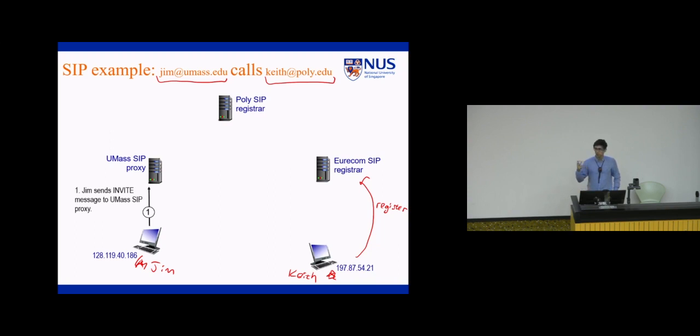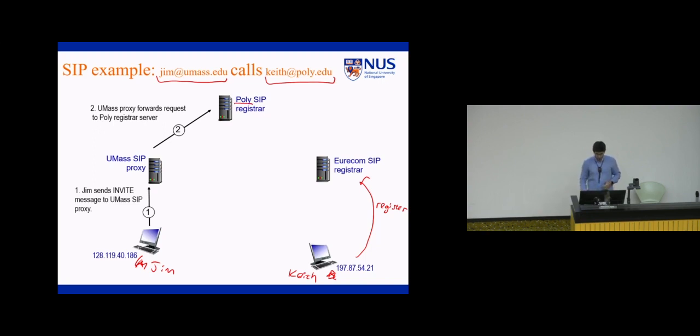First thing is, because Jim doesn't know the IP address of Keith's SIP client, Jim will first send the invite message to the UMass proxy server. This is the proxy server closest to Jim, perhaps. And then this proxy server will forward that request to the Poly registrar server, perhaps because Keith is in that domain, in the Poly SIP domain.